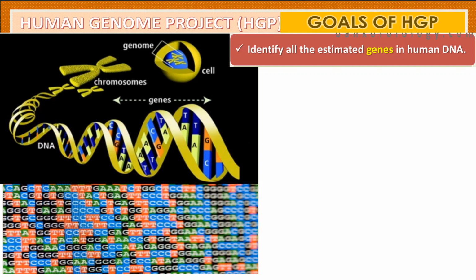Around 2.1% is important, where genes are and where proteins are produced. The rest are unwanted sequences. And these unwanted sequences we have got from our ancestors. That is introns and all, that we got from our ancestors like chimpanzee, gorilla.